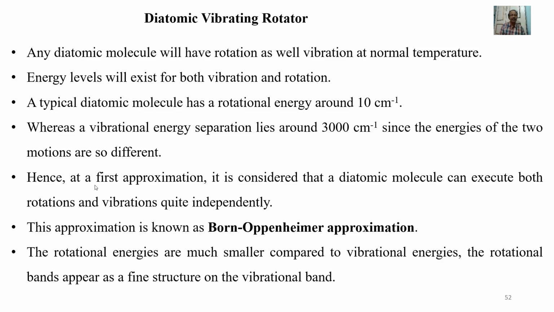Hence, as a first approximation, it is considered that a diatomic molecule can execute both rotations and vibrations quite independently. This approximation is known as the Born-Oppenheimer approximation. The rotational energies are much smaller compared to vibrational energies. The rotational bands appear as a fine structure on the vibrational band.